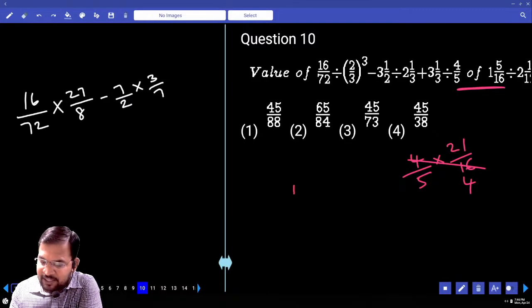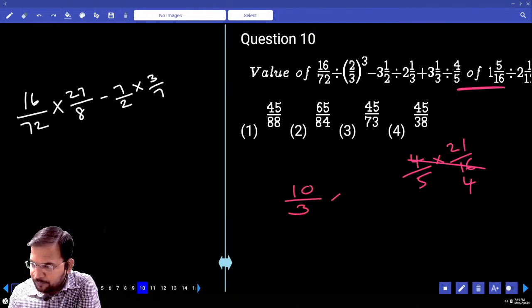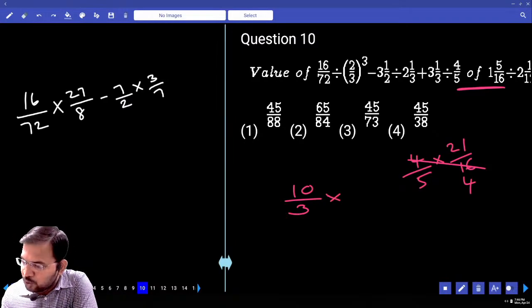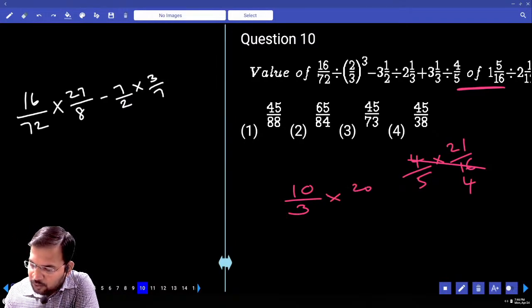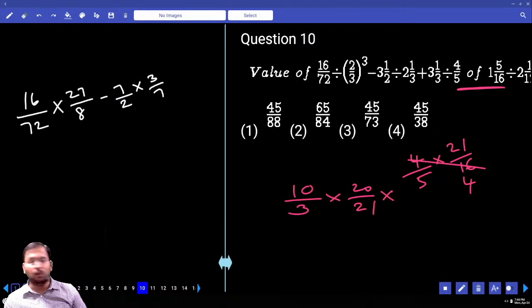Then the previous one, 10 by 3 into 21 by 20, na. The fraction is what, na? 2 1 by 2, we can write as 25 by 12, that is 12 by 25.